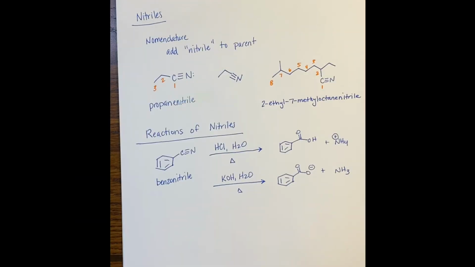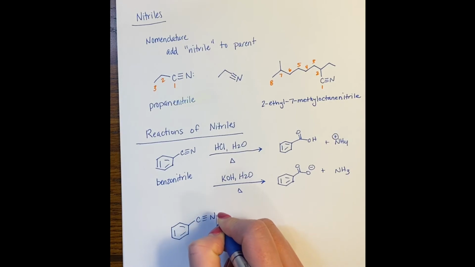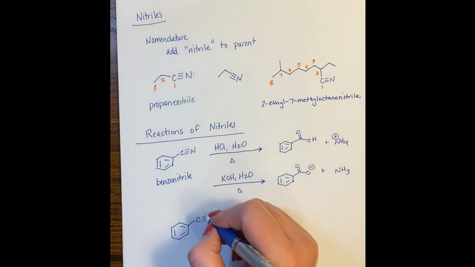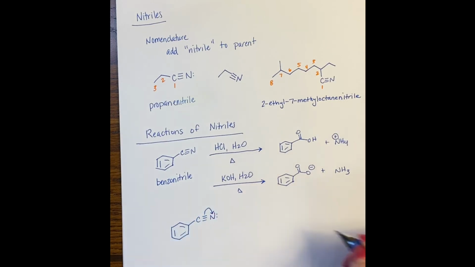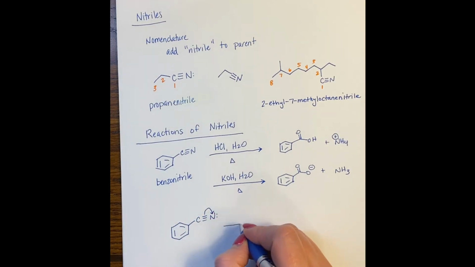As we begin to understand nitrile chemistry, I want to make sure you understand the resonance that we have with the nitrile. A nitrile is considered a carboxylic acid derivative, and this carbon-nitrogen bond is polar. Nitrogen is more electronegative, so the nitrogen can pull the electrons in that bond towards itself, just like the oxygen can in a carbonyl.